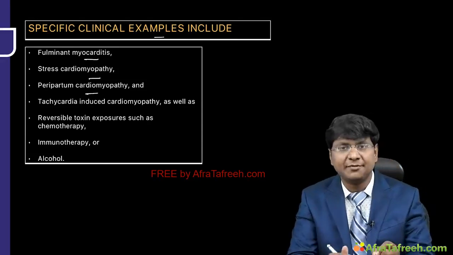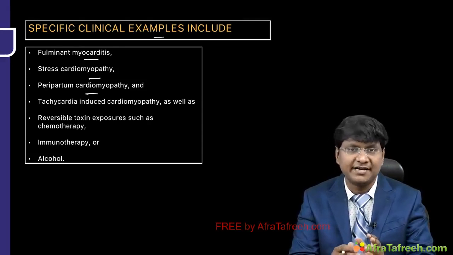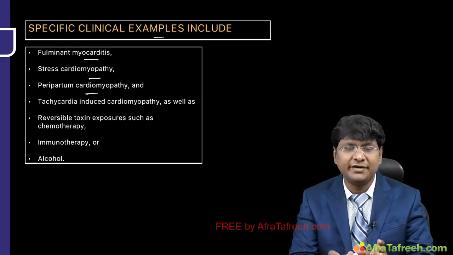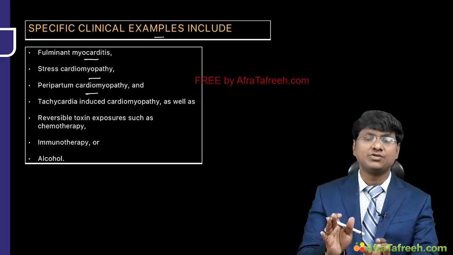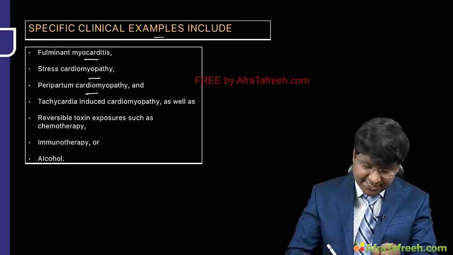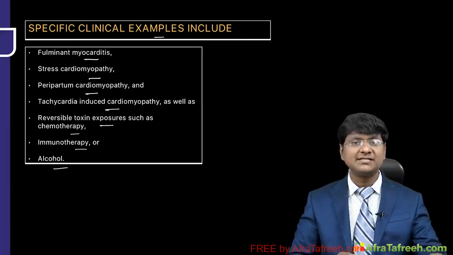Then peripartum cardiomyopathy, right? In peripartum cardiomyopathy, we have some common risk factors like preeclampsia, multiple pregnancies, and then increased age of the individual. So peripartum cardiomyopathy is also one of the etiologies which is responsible for heart failure with recovered ejection fraction. Tachycardia induced cardiomyopathy, reversible toxin exposure such as chemotherapy, immunotherapy, and as well as alcohol.